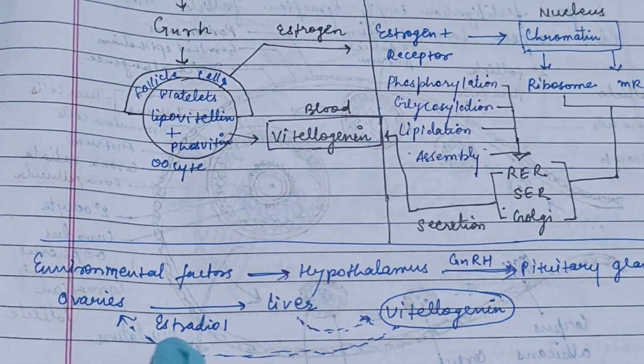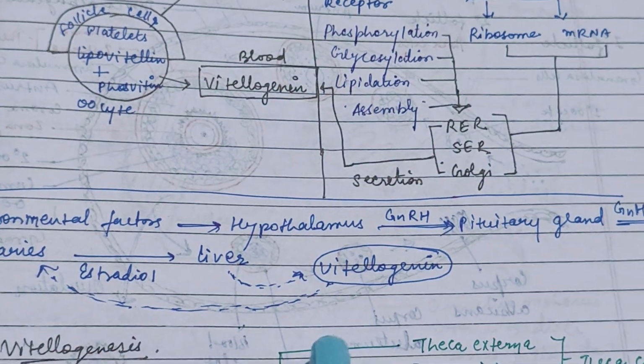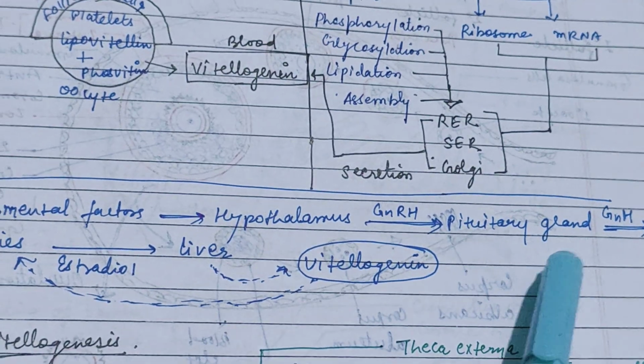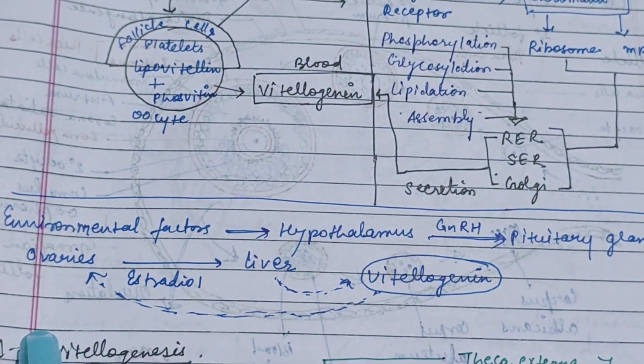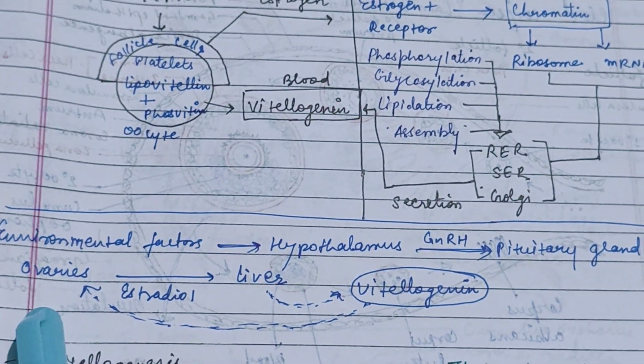We can easily see that the environmental factors send signals to the hypothalamus, which sends positive signals through GnRH to the pituitary gland, then the ovaries and the liver, and then vitellogenin regulates the ovary as well as the liver.